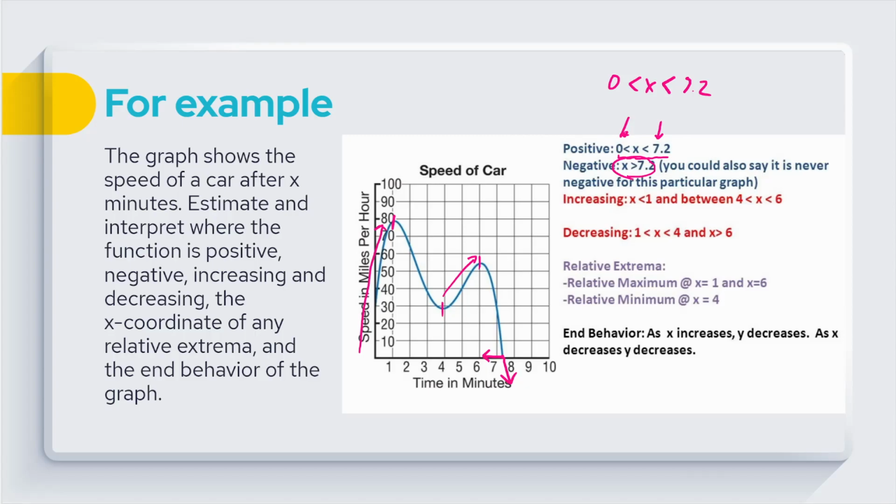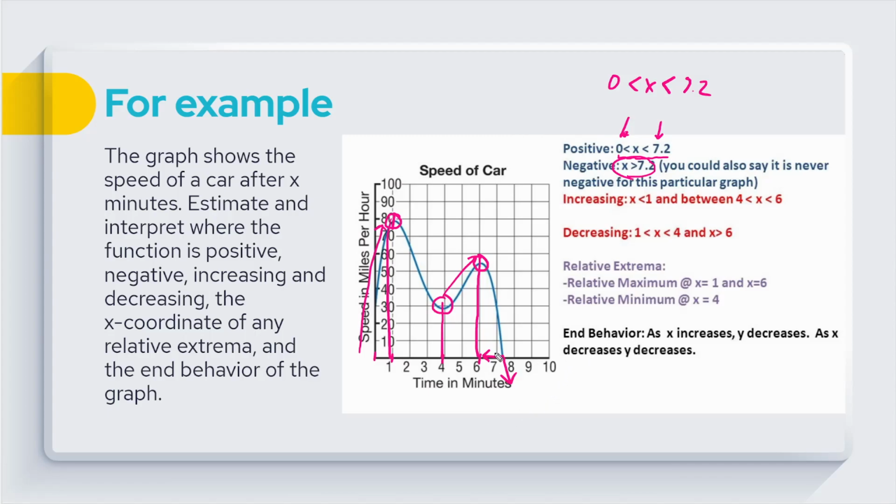The values that are less than 1 from here to here, and then values from 4 to 6, right? From 4 to 6. The relative extrema, here's a relative extrema, and here's a relative extrema. X equals 1, x equals 6. And you can just draw a line straight down to see what the extrema is. And then the relative minimum, here's another one right here, would be 4.